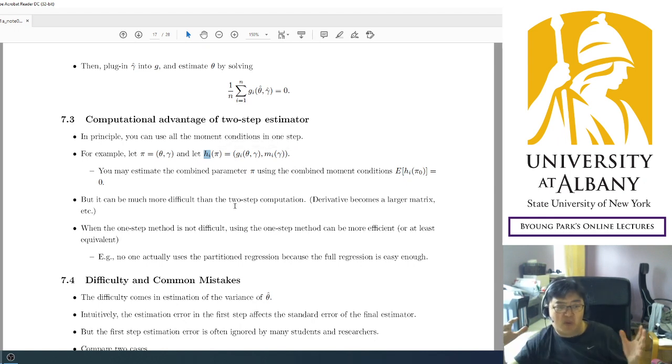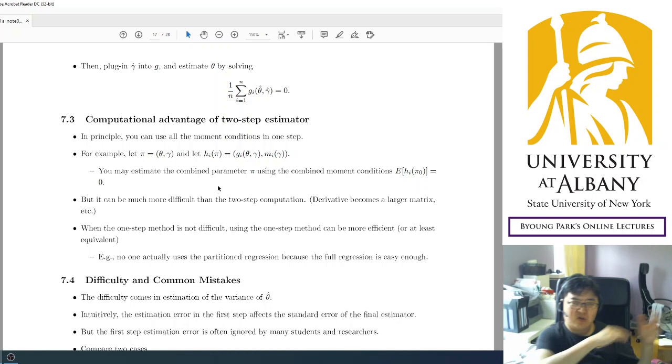H is the bigger moment function. So now you may interpret this setup as an estimation of pi using all the moments h, right? I collected all the moments into h, collected all the parameters in pi. Then after the collection, it's just one parameter vector and one moment vector.